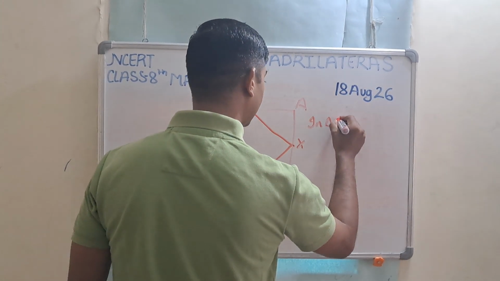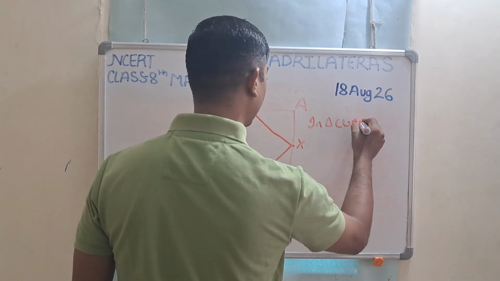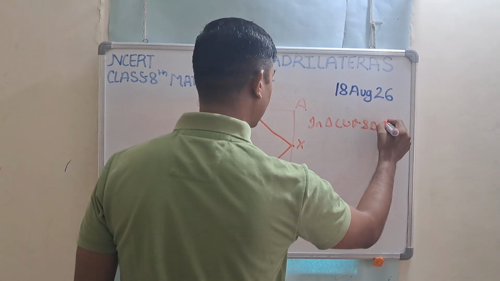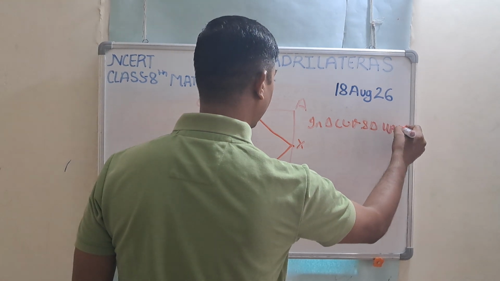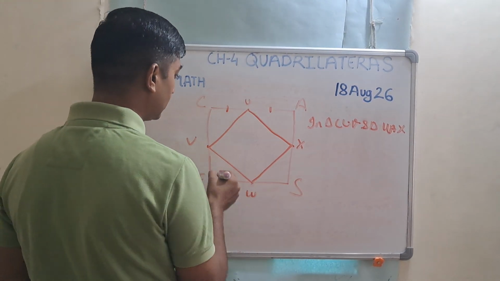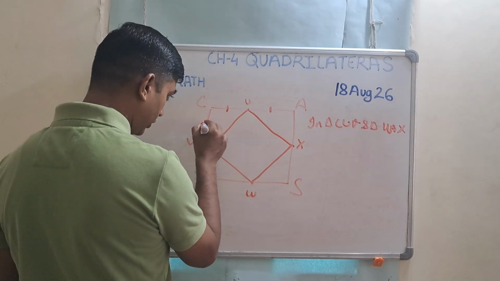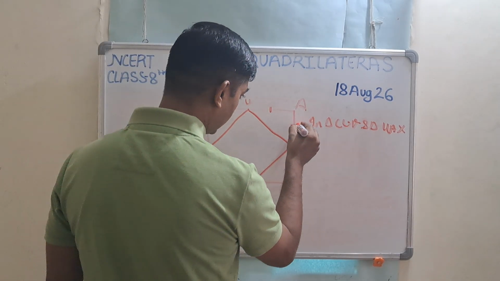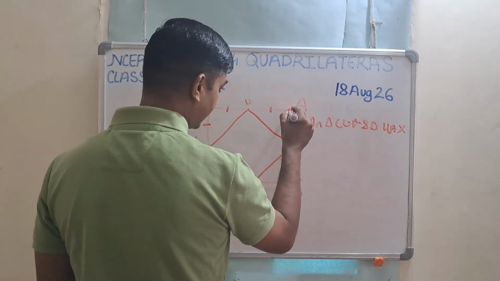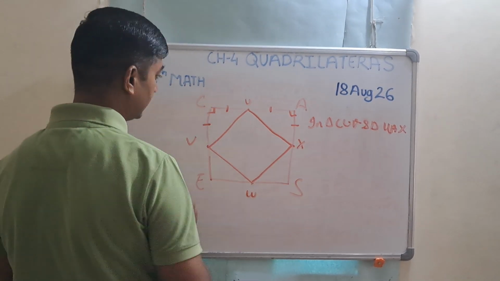In triangles CUV and UAX, now see, this side is equal to this side, and this is equal to this side. Two sides are equal, and this angle is 90 degrees. This angle is 90 degrees.